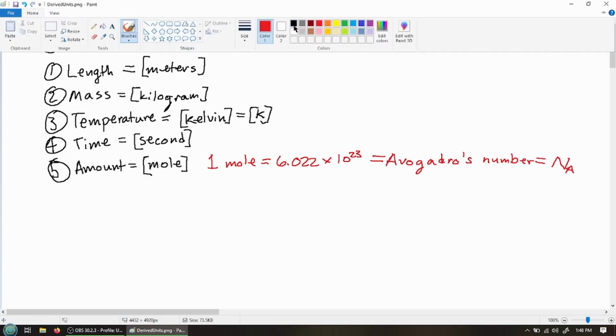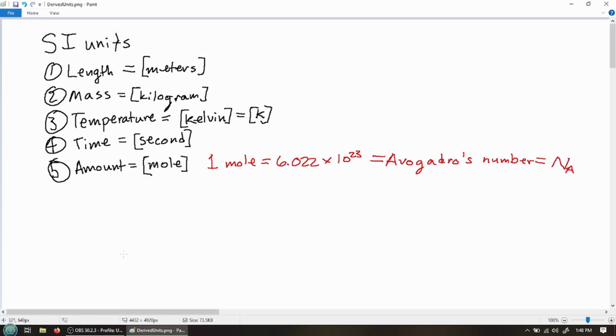So there's 2 more on our list that we'll go ahead and put in here. Although in this class, you're not likely to have to use these, but they probably will come up if you ever end up taking, say, a physics class. And this next one will probably be useful just in everyday life. So this next one is a measurement of electrical current.